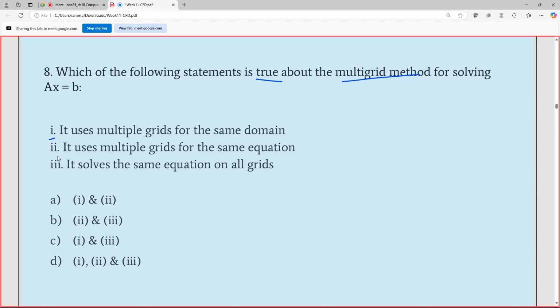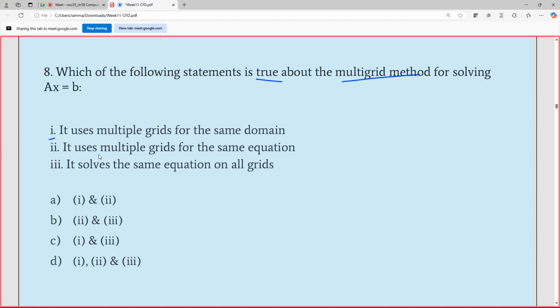Second, it uses multiple grids for the same equation. Third, it solves the same equation on all grids. The question is on the multi-grid method, and you have to find which statements are true regarding it.